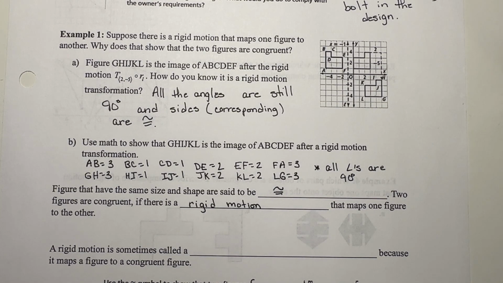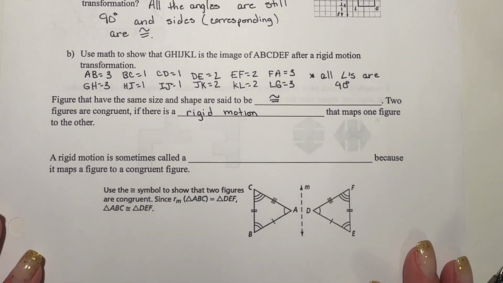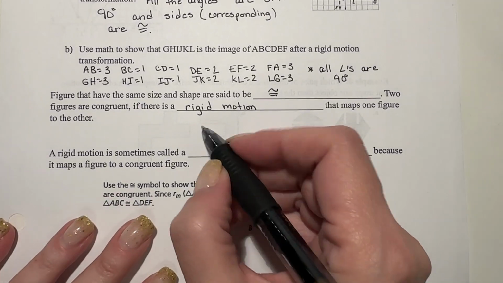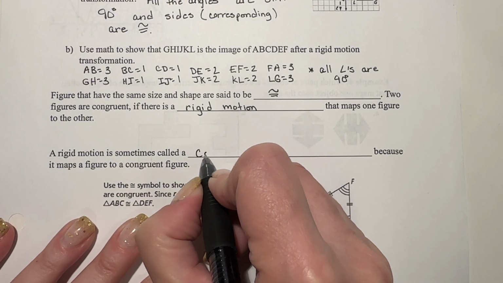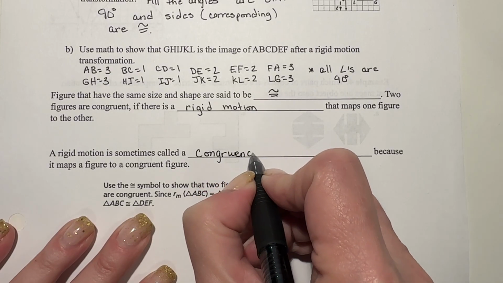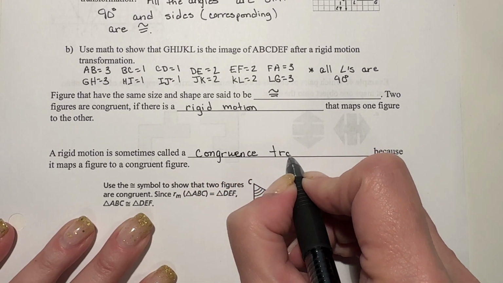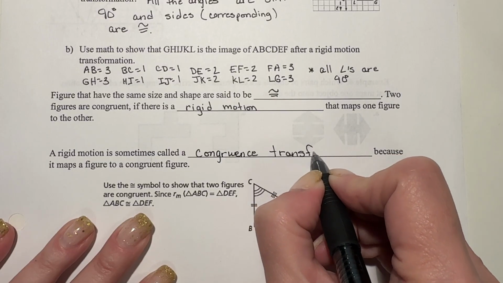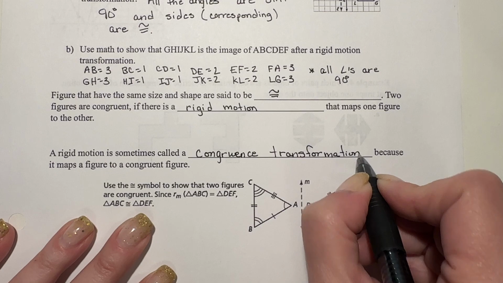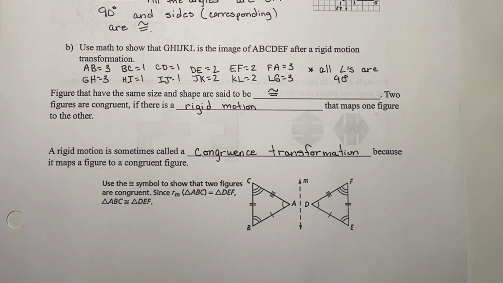So you got translations, you got reflections, you've got glide reflections, you have all of those things that you can still do. All right, going a little lower, a rigid motion is sometimes called a congruence transformation. Because it maps a figure to a congruent figure.